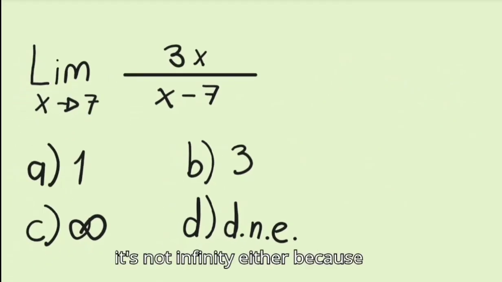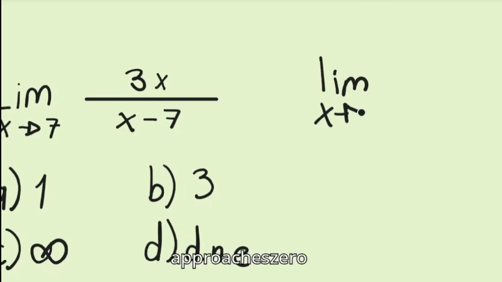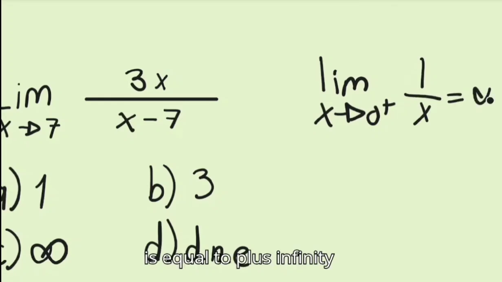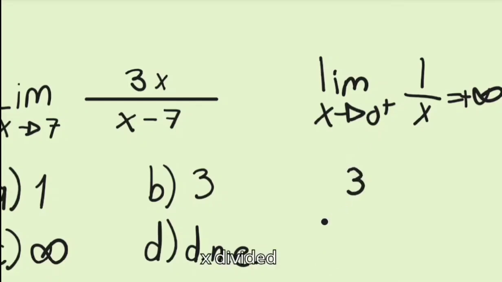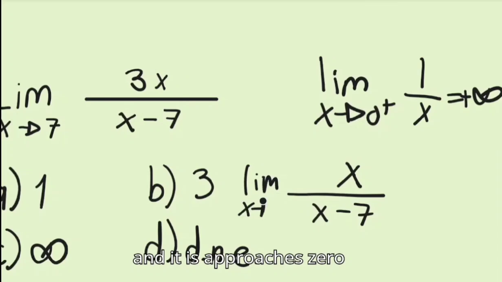It's not infinity either, because even though the limit as x approaches 0 of 1 over x is equal to plus infinity, the limit as x approaches 7 of 3x divided by x minus 7, and it approaches 0, this is not the same, obviously.